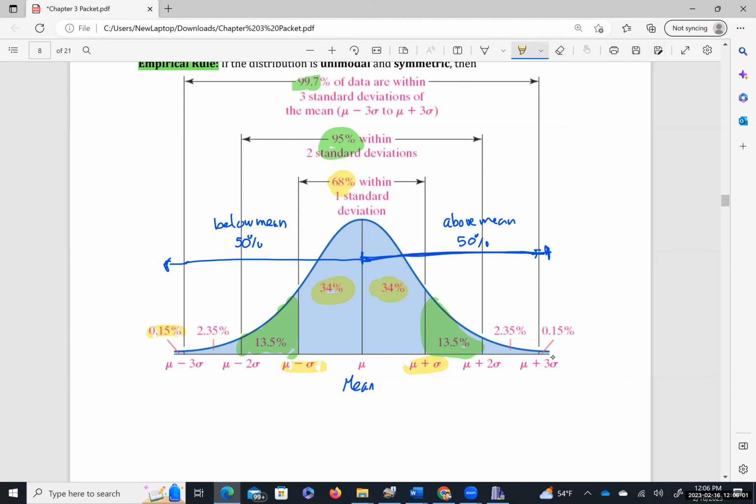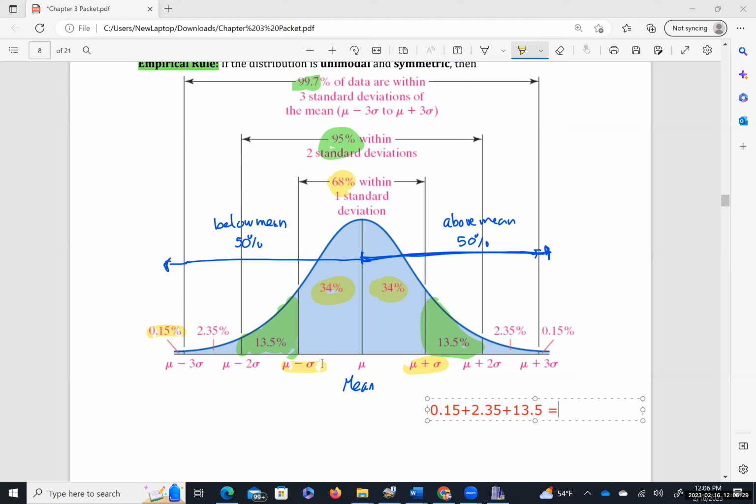So if you think about it, adding 0.15 with 2.35, and adding what else? 13.5.